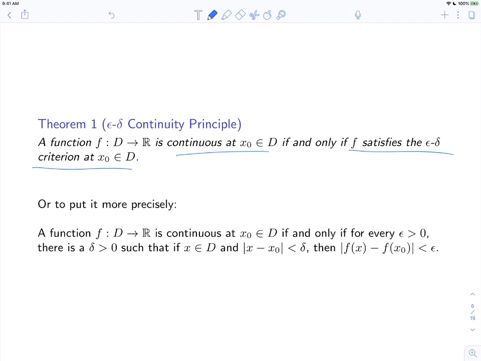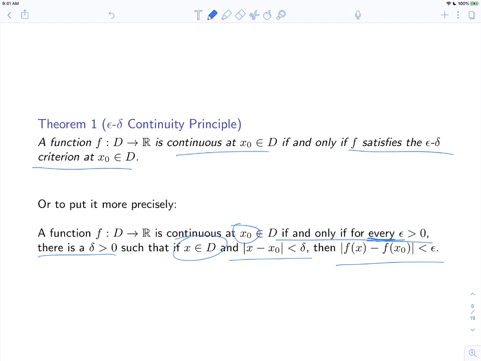Or to put it more precisely, a function f is continuous at a point x0 if and only if for every epsilon greater than 0, you can find some delta greater than 0, such that if x is any point in the domain such that the distance between x and x0 is less than delta, it's necessarily true that the difference in the output values is less than epsilon.